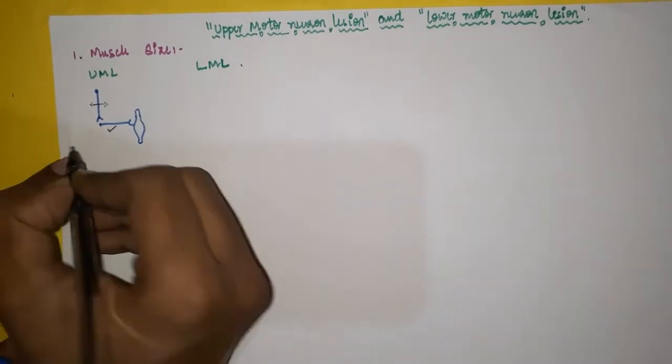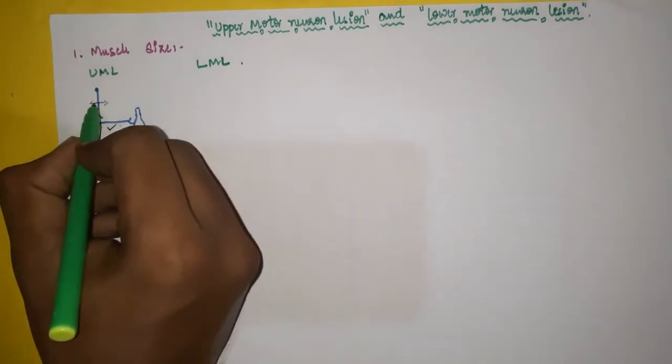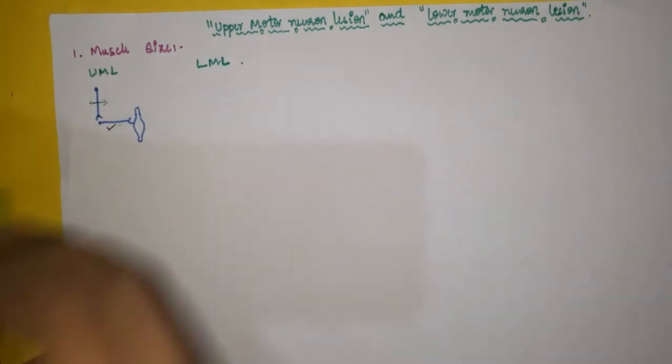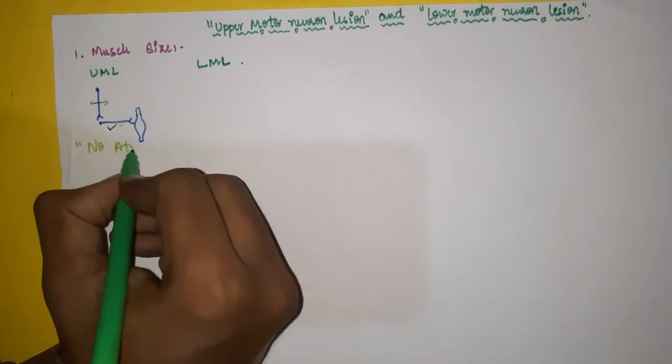Therefore there is no atrophy. Atrophy occurs in which condition? Either blood supply or nerve supply to the muscle is completely damaged, but here there is intact lower motor neuron supply even though the upper motor neuron is damaged. So no atrophy of muscles.